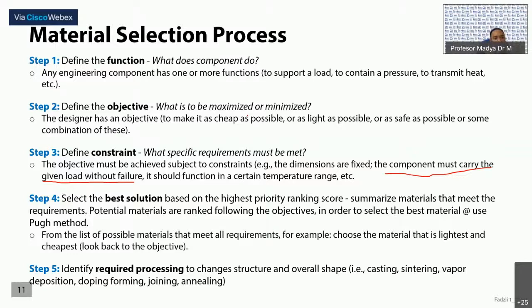Lepas tu, daripada 10 material tu, you dah filter. Maksudnya you filter 10 material ini daripada function dia, daripada objektif dan juga constraint. Antara ketiga-tiga kriteria requirement ni tadi, daripada 10 material tadi, mungkin 5 saja material yang meet all the function, all the objective and all the constraint.